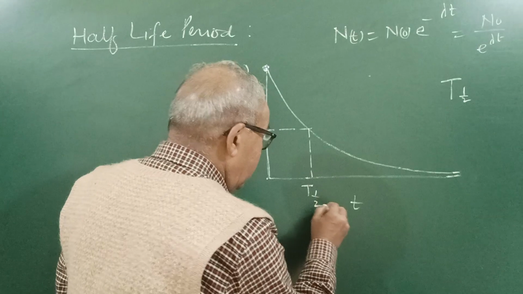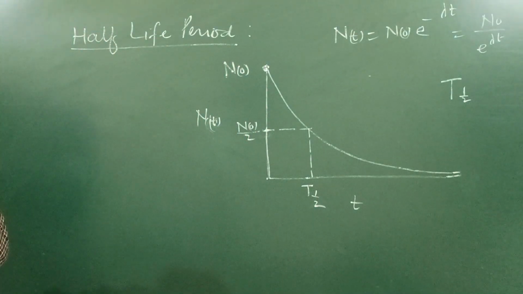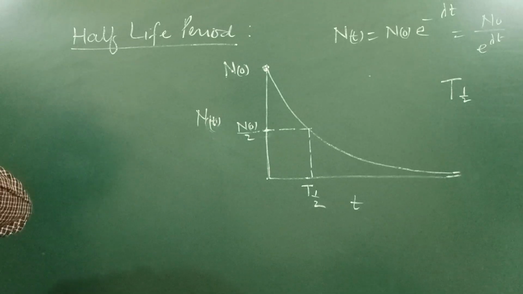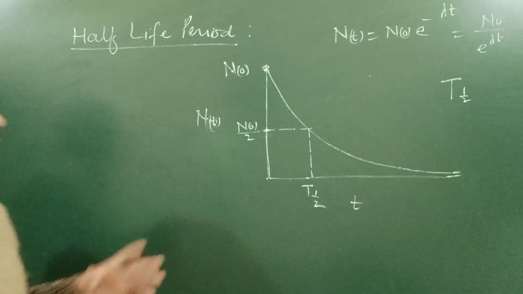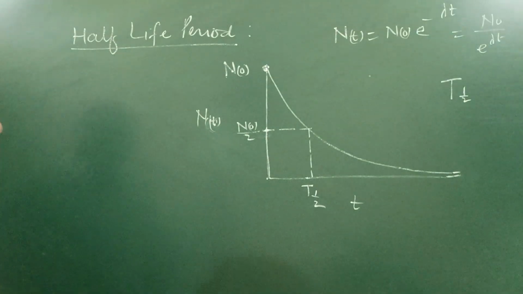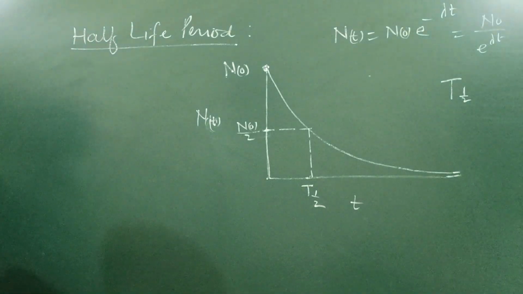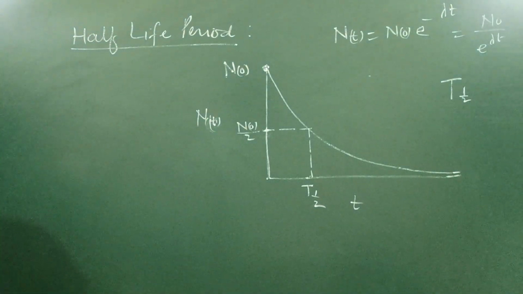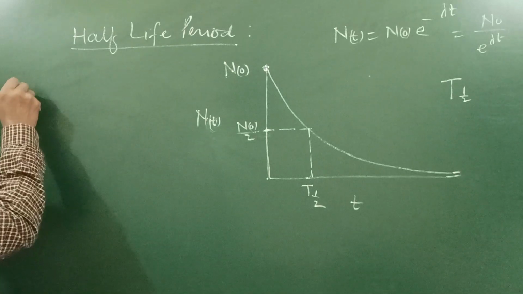In this time period, the radioactive nuclei left undecayed from the given sample is N0 by 2, half of the radioactive nuclei. So this time is called half-life period, or simply half-life. So what is half-life?